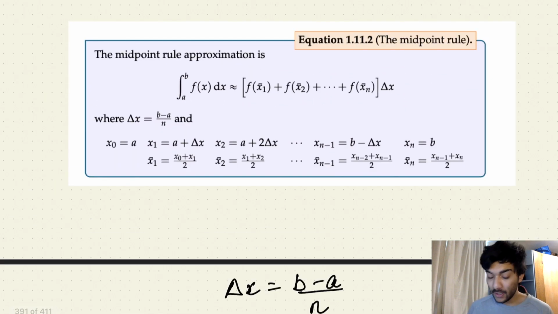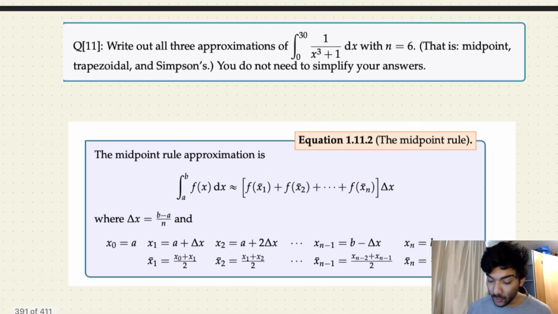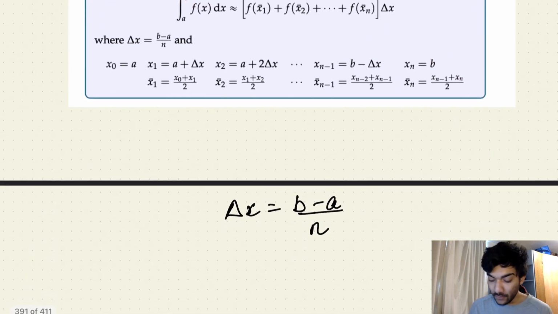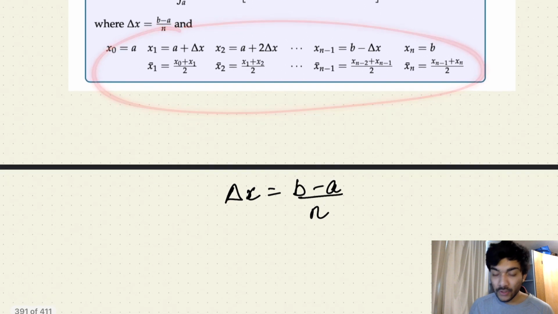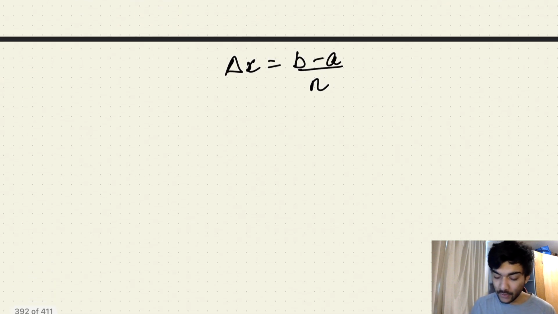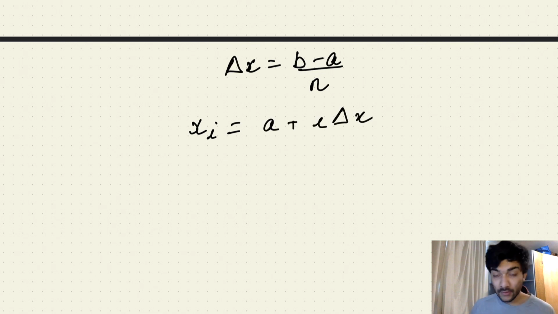So delta x remains the same in all those approximations, but the only difference in this approximation is the calculation of xi's. In order to calculate your xi's for the midpoint rule approximation, you'll first calculate your xi's based on the right hand Riemann sum, and you know that to calculate the xi's for a right hand Riemann sum we use the a plus i delta x formula, right? So you'll start from your x0 all the way to your xn.